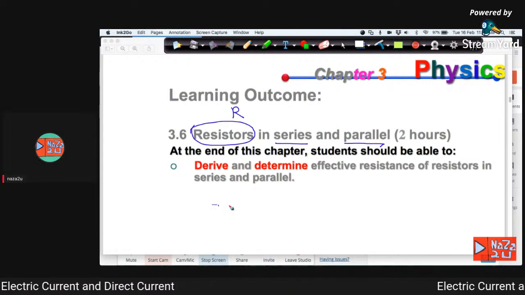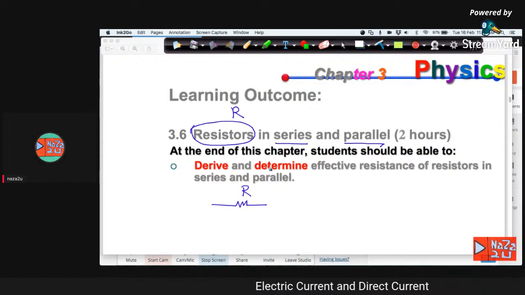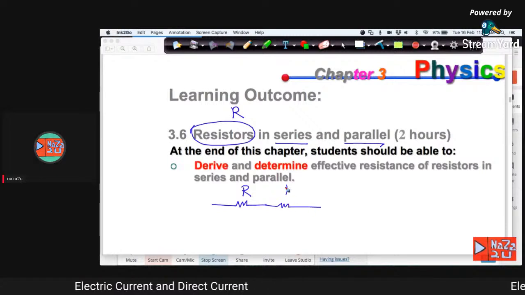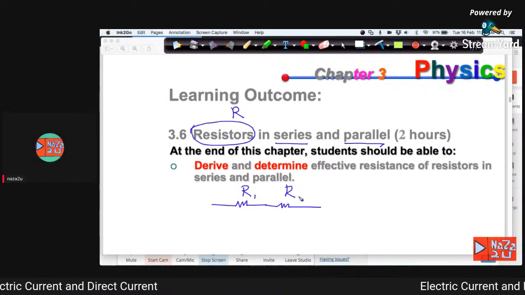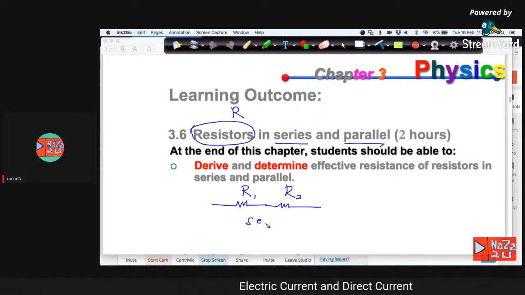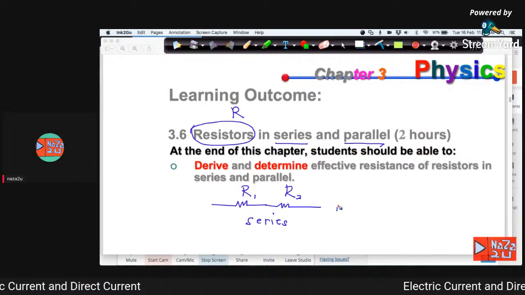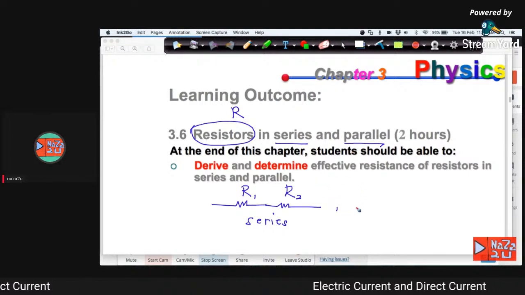So meaning here, this is a symbol for the resistor R. First, resistor in series. Let's say we have a resistor 1. This is a resistor 2. This is a series circuit. And we have another type of setup, resistor in parallel.